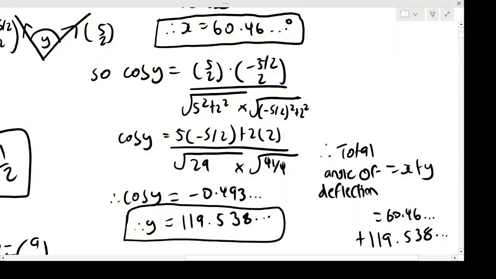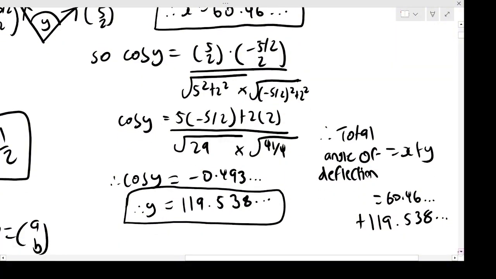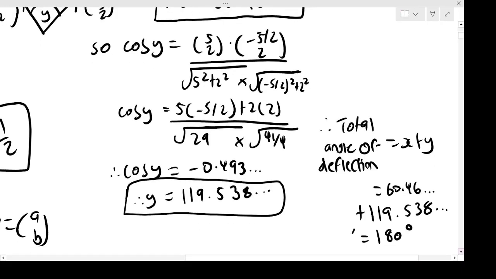So if I add these two angles together, I get 180 exactly. So there we are. That is my total angle deflection there. That's saying overall I've changed direction, or I've turned, by 180 degrees overall.